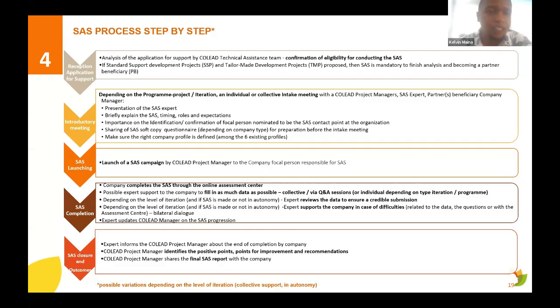So again, here, SAS step by step. I'll go fast through this particular area. And if I may, Calvin, sorry to interrupt. This is the traditional step by step when we provide SAS support in a bilateral way, so one expert to one company.